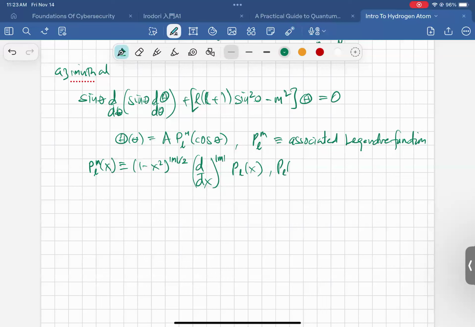And ito namang PL of x, P sub L of x is the Lth Legendre polynomial.